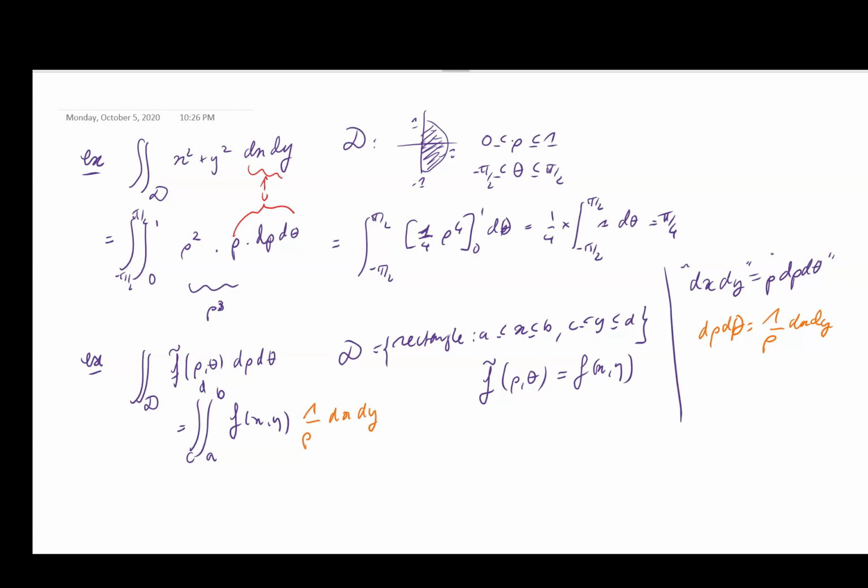No, obviously not, because rho shouldn't appear in my new integral because I'm doing this substitution. So I just have to re-express whatever depends on rho and theta as a function of x and y. So that should be 1 over the square root of x² + y² dx dy. So instead of rho here, I should really have 1 over the square root of x² + y² appearing in my integral.